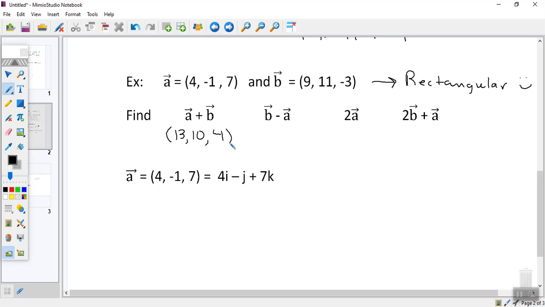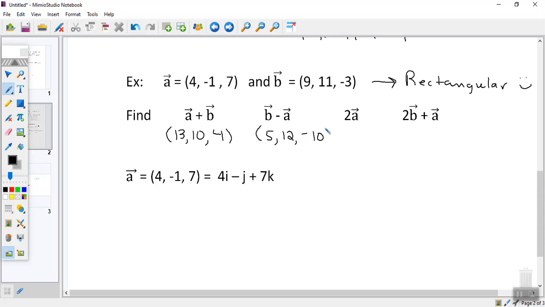So we would take 9 minus 4 is 5. 11 minus negative 1 would be 12. And then negative 3 minus 7 would be.